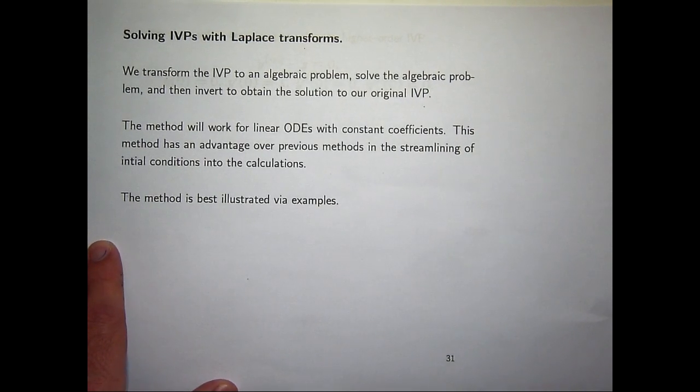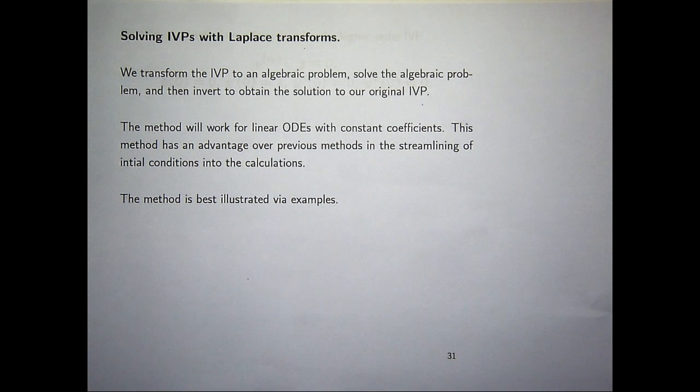Okay, so we now reach the ultimate aim of Laplace transforms, to solve initial value problems in a simple and straightforward way. In particular, we're going to look at solving ODEs where the right-hand side has discontinuities, jumps.